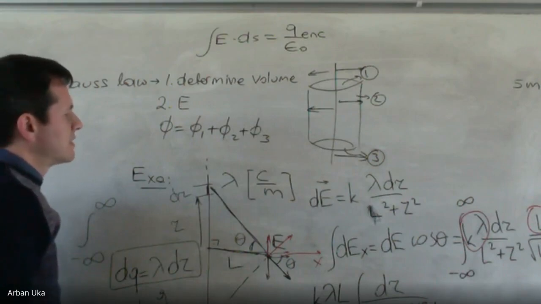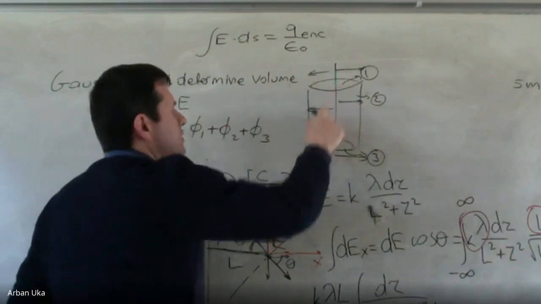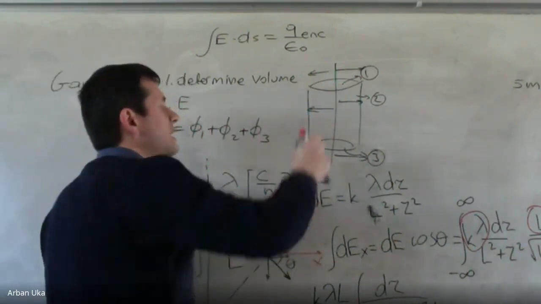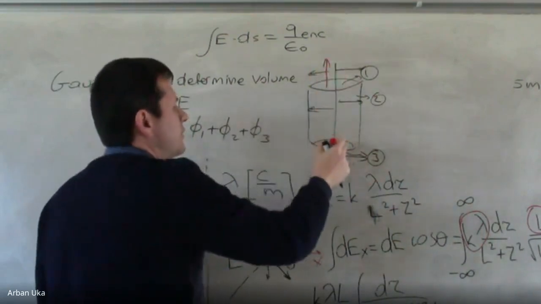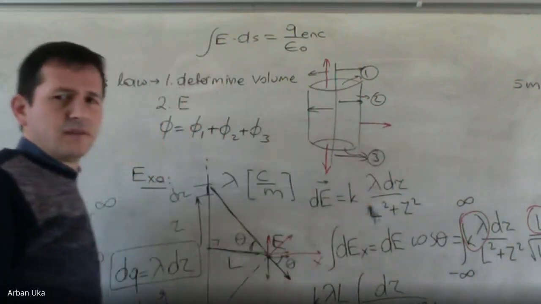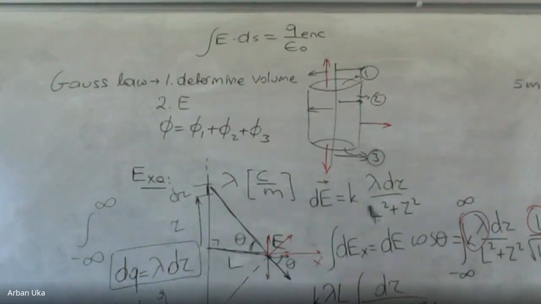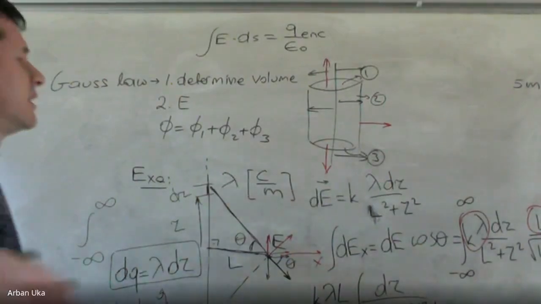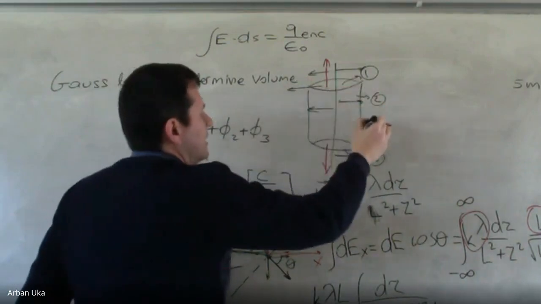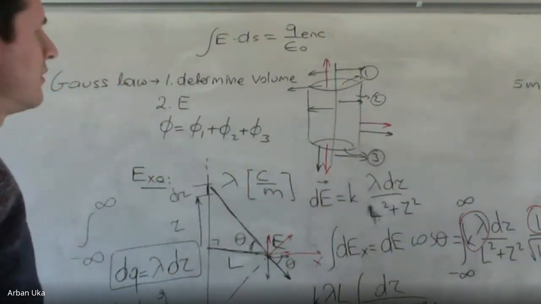In red, we have shown the three surface area vectors which determine the different areas, and in black, we show the direction of the electric fields.